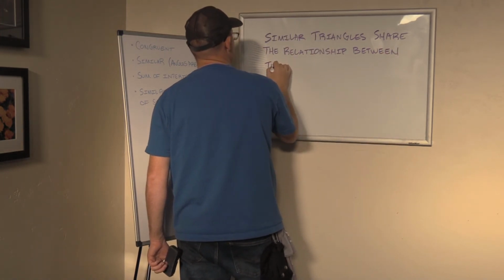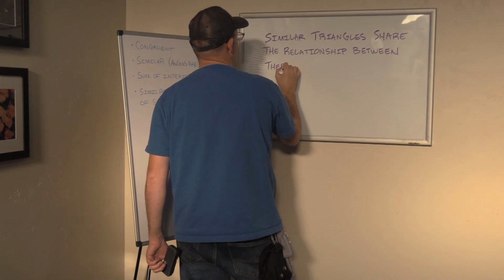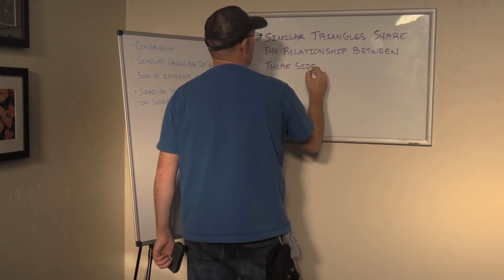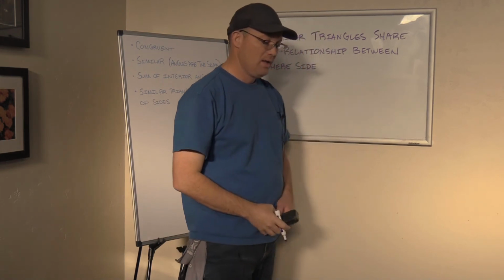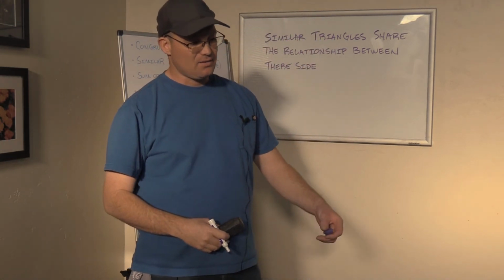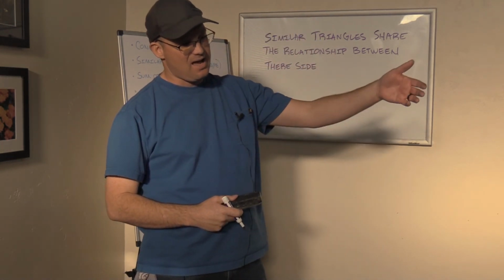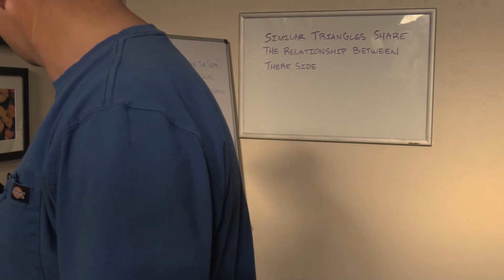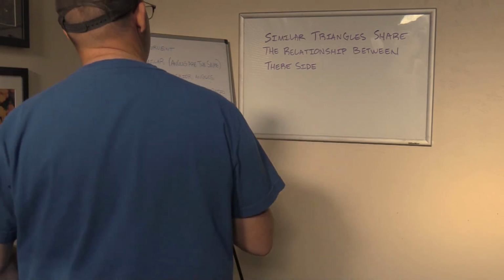What that means is if one side in the first triangle is twice as long as the next side in the first triangle, then that same side in the second triangle is going to be twice as long as the next side in the second triangle because they're similar. The ratio is the same between their sides.